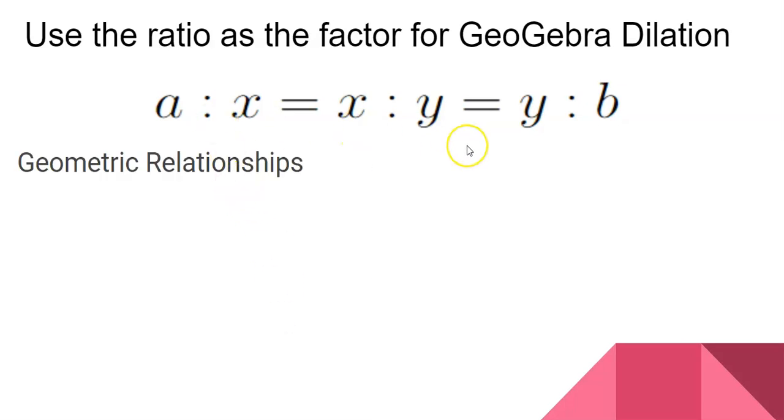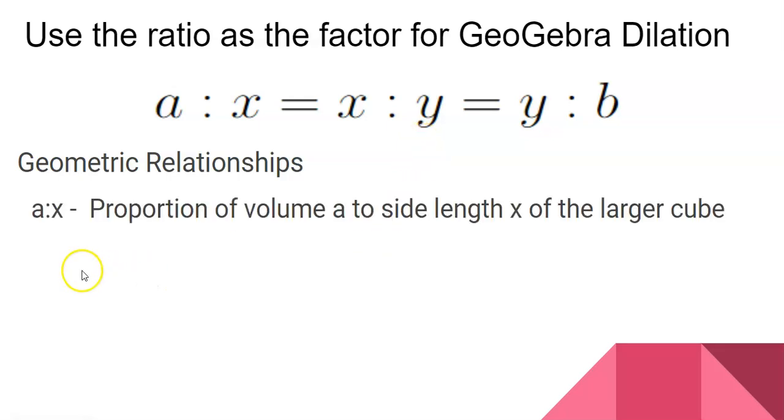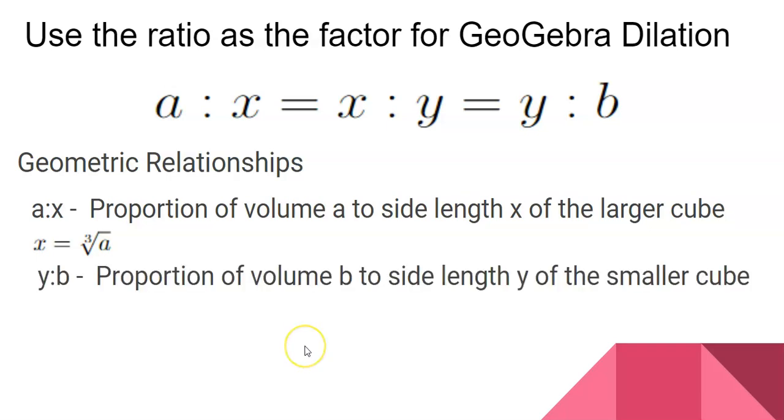For double mean proportion, it seems that x and y are side lengths, where a is to x is the proportion of volume A and side length x of the larger cube, where x is a cube root of A, and y is to b is the proportion of volume B to side length y of the smaller cube, where y is cube root of B. This seems to make sense because volume is equal to the cube of the side length.